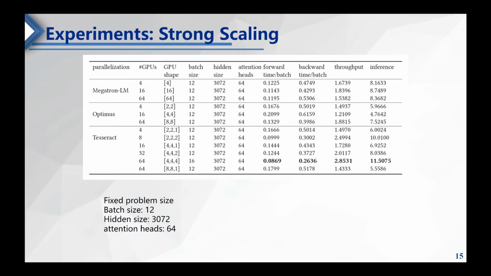Besides, from the example between q equals 4, d equals 4, and q equals 8, d equals 1 arrangements, with the same number of processors, greater Tesseract depths could lead to less forward and backward time.